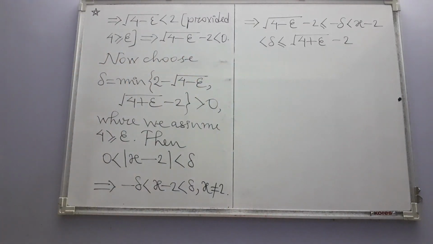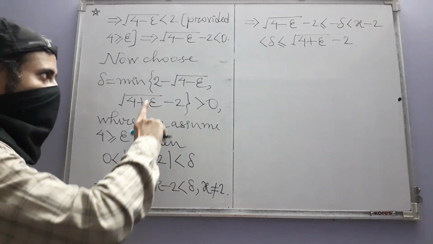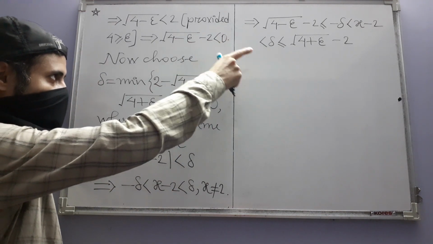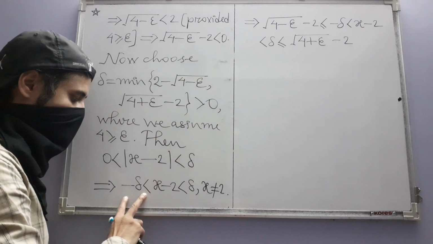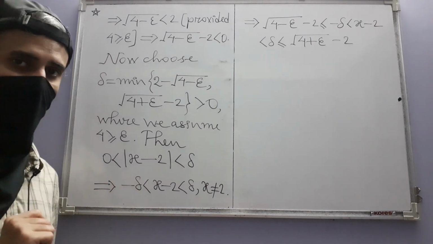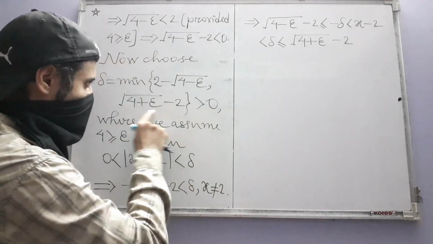So here what I have written besides these inequalities is that the negative of this, that is root 4 minus epsilon minus 2, is less than or equal to minus delta.